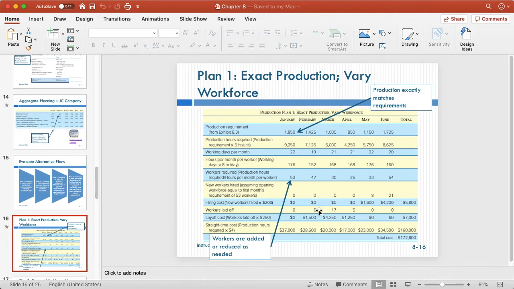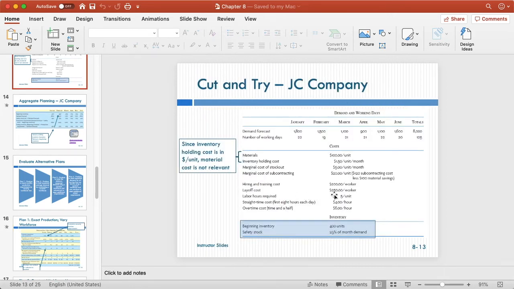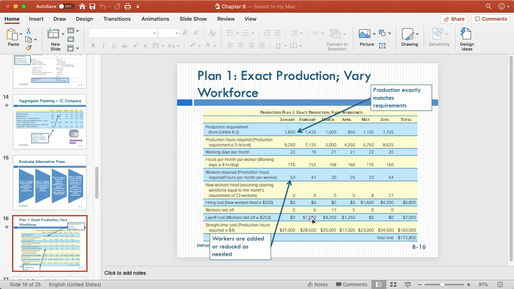And what is the layoff cost? Look at this. The layoff cost is $250 per worker. And since you lay off 6, you use 250 times 6 to get this 1,500. So the layoff cost is 1,500 for this specific month, February.